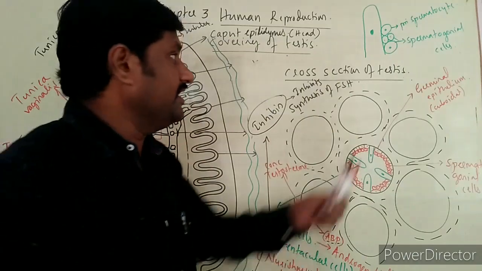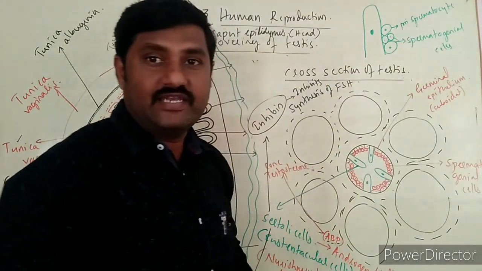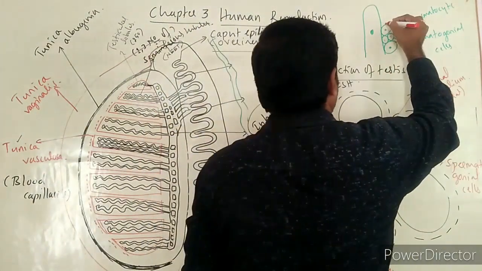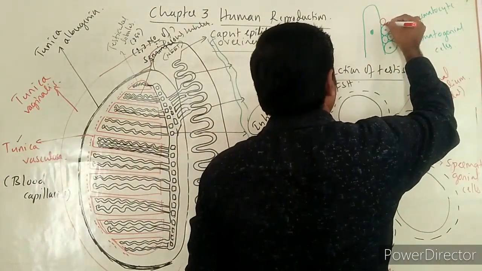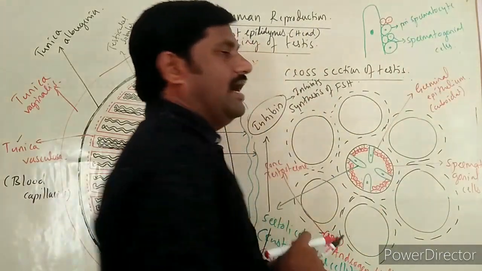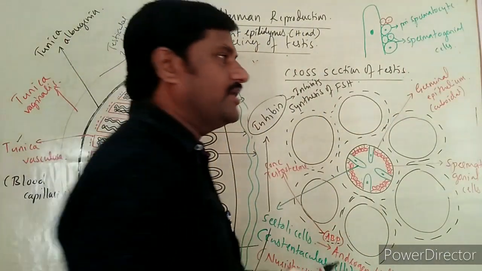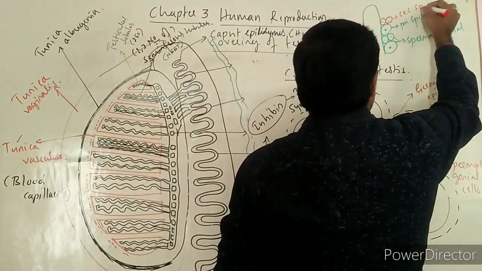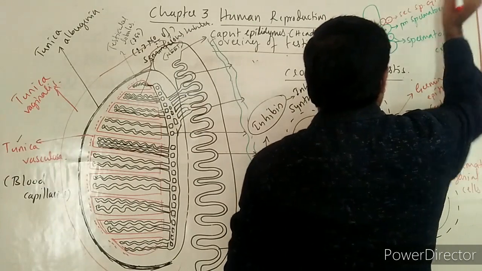The primary spermatocyte undergoes meiotic division. Meiotic, not mitotic. Here mitotic cell division has taken place, and later it undergoes meiotic division so as to form two cells first, and both the cells are haploid in nature, and they are called secondary spermatocytes.